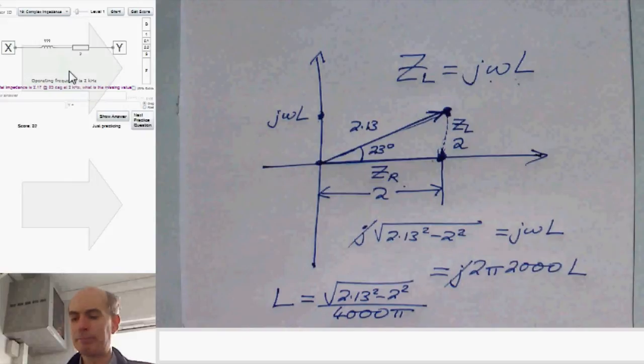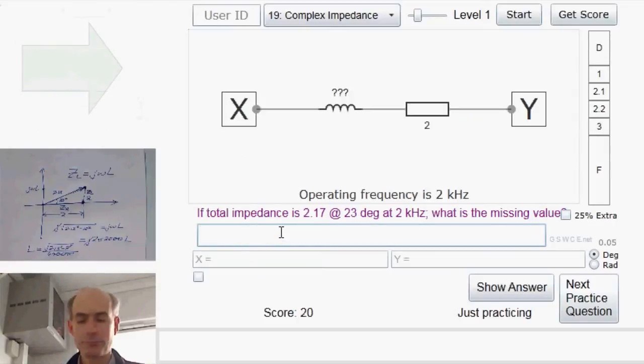Well, let's give it a try. Square root of 2.13 squared minus 2 squared divided by 4000 times pi.